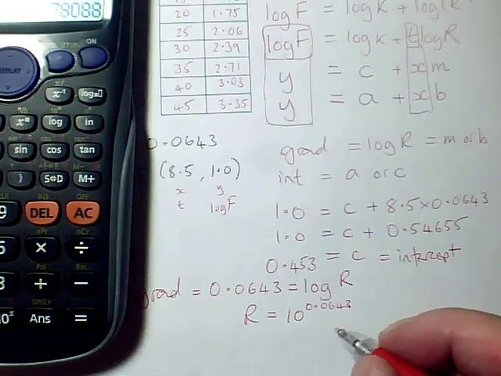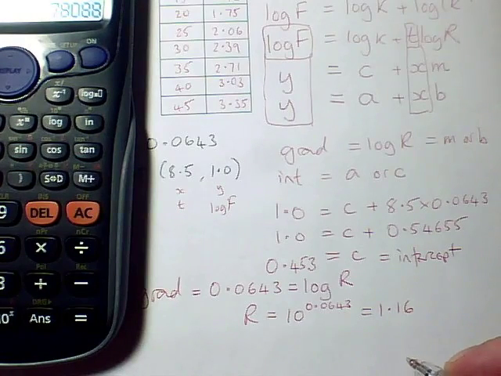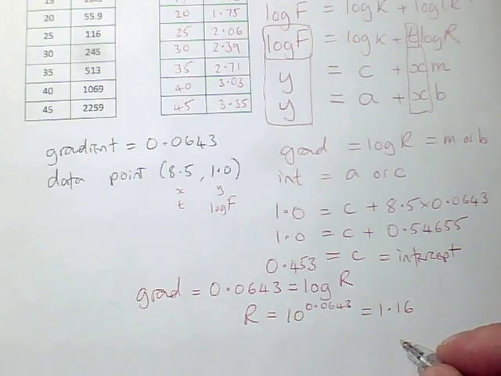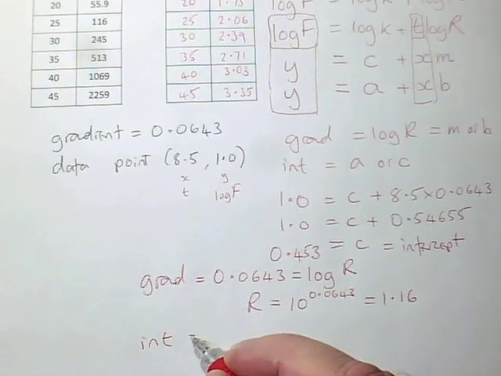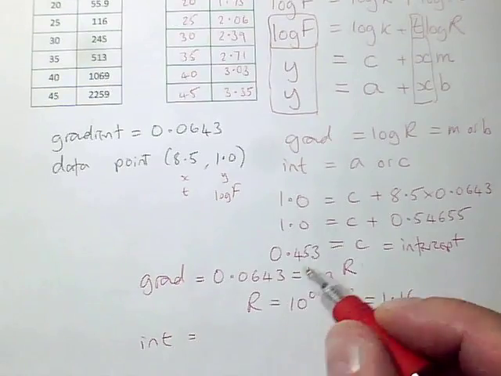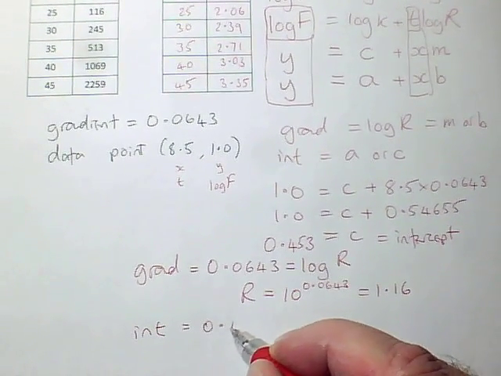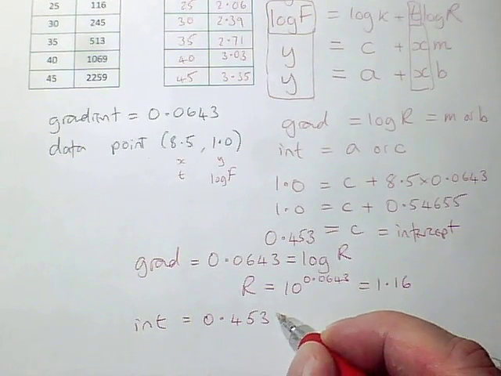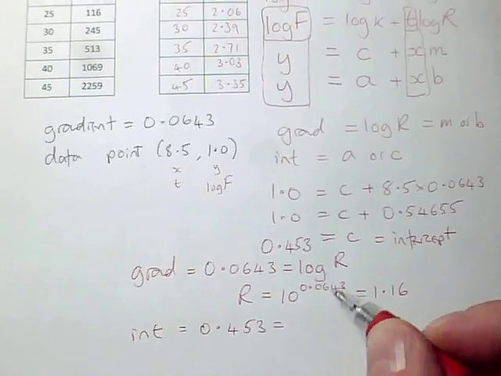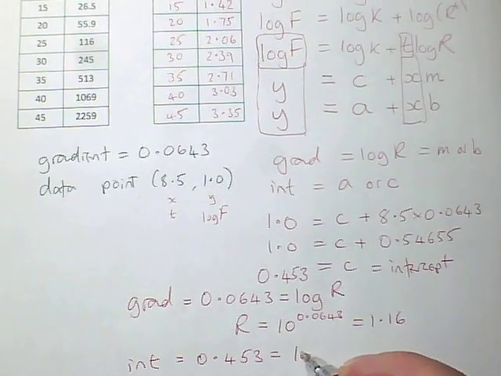So that's 1.16 to 3 significant figures. And the intercept, which we know is 0.453, is my value of log k.